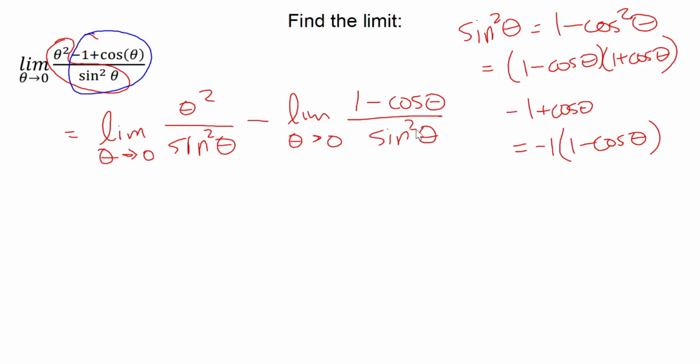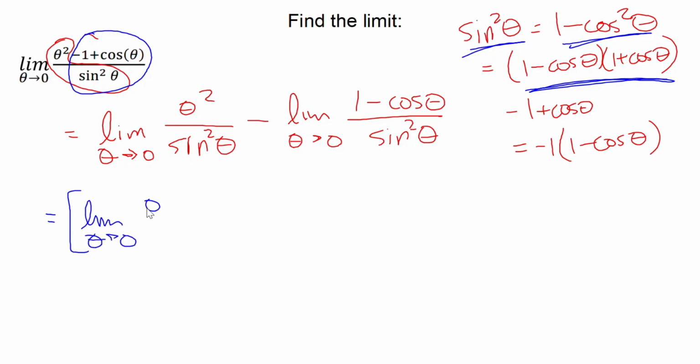And the whole reason we did that is so that we can see that sine squared theta is the same as 1 minus cosine squared theta, which is the same as 1 minus cosine theta times 1 plus cosine theta. So as we go through here, we'll write this one as a limit as theta approaches 0 of theta over sine theta all being squared, right? Because if everything inside the limit is being squared, that squared can get pulled out.